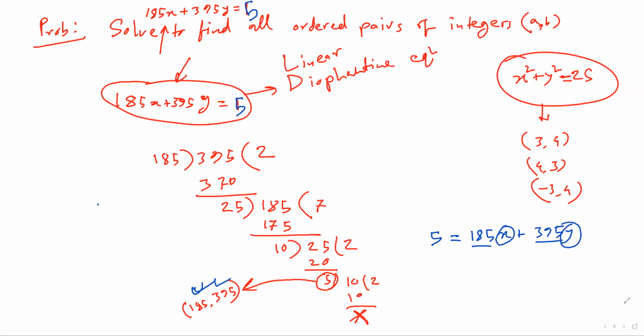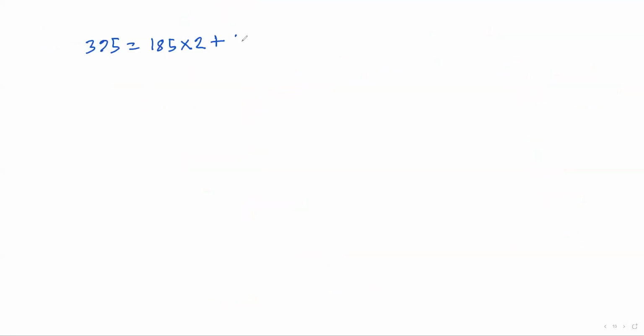185, 395. So 395 was divided by 185 twice, and the remainder was, what was the remainder? 25. And then 185 was divided by 25.